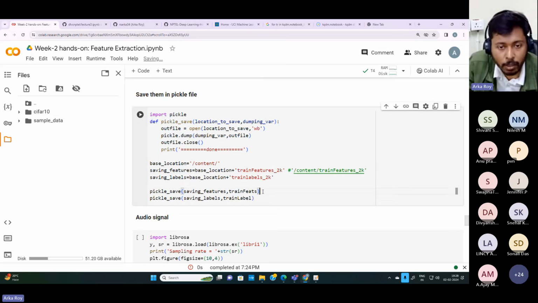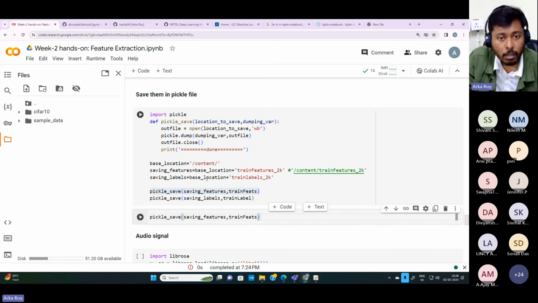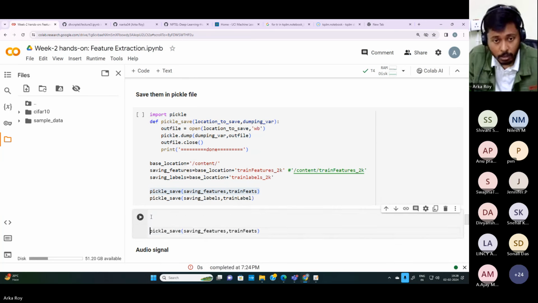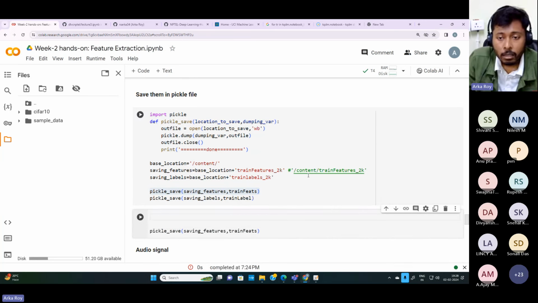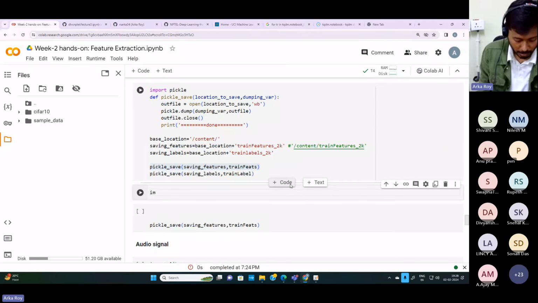So for example, let me show you a saving process. Let's say I want to save the LBP matrix, or let's say image ARR, I want to save. So let me write image ARR over here.